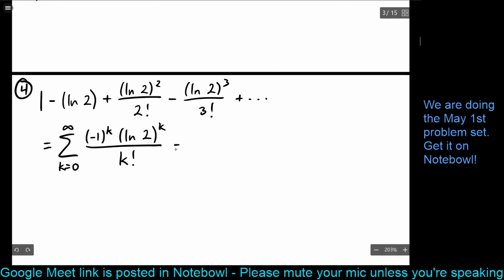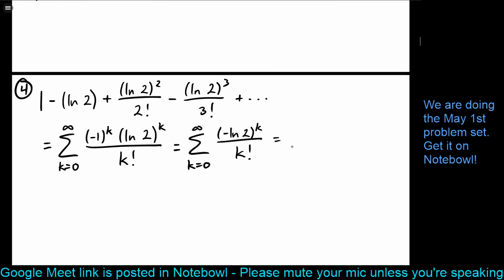Well, to do this one, we actually need to combine the numerator here, because it looks close to a Maclaurin series that we know, but it's not quite there. So if we combine this inside here, though, this should look to you exactly like the Maclaurin series for e to the x, which means this is e to the negative ln of 2.